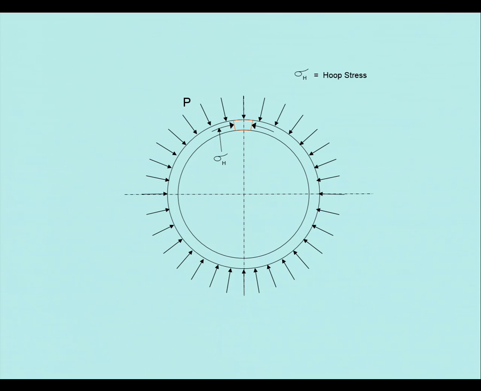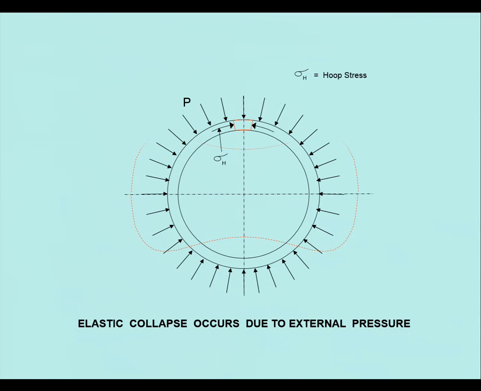So we've just said we'll get a hoop stress, and that hoop stress is, what is it, compressive or tensile? Compressive. So the elastic collapse occurs due to external pressure, and it goes like that.